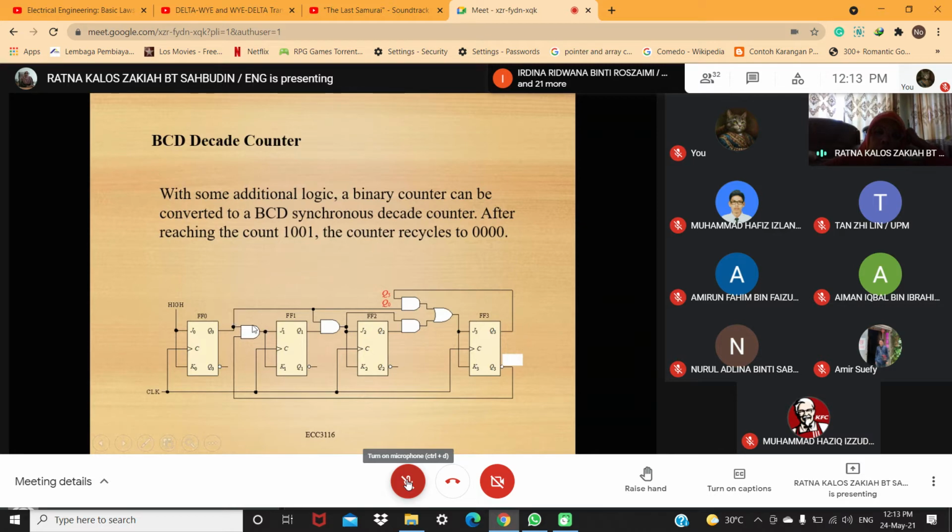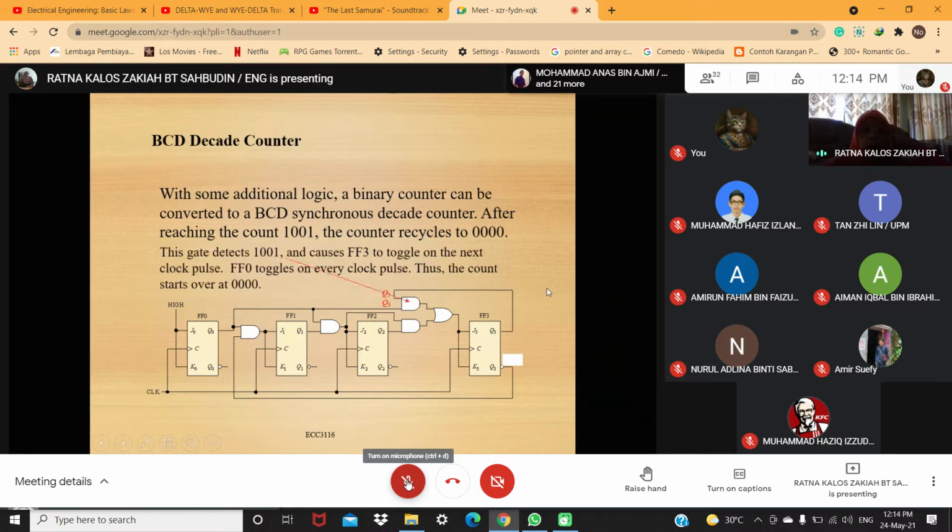You have an AND gate here, an AND gate here, and then an AND gate and OR gate here. This gate detects 1001 and causes flip-flop 3 to toggle on the next clock pass. Flip-flop 0, which is here, toggles on every clock pass. Thus the count starts over at 0000.